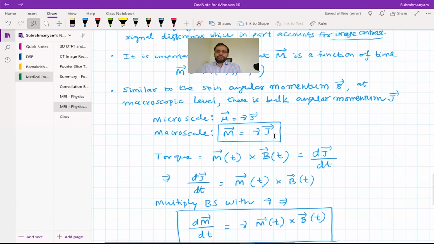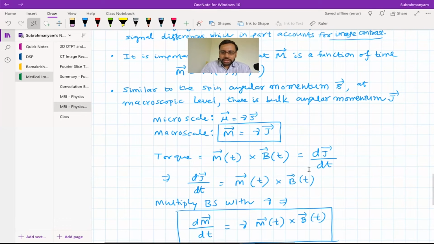Now if you have a rotating vector m bar, and you apply a force to it, for example the applied magnetic field working on it, that would result in torque. I'm sure you are all familiar even from your plus 2 physics that the rate of change of angular momentum is equivalent to the torque.